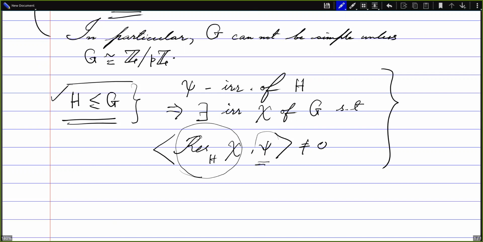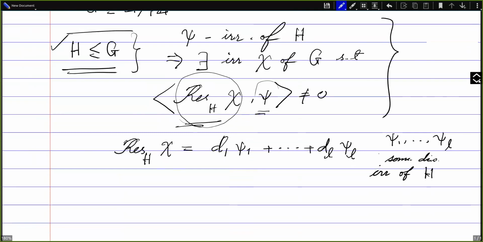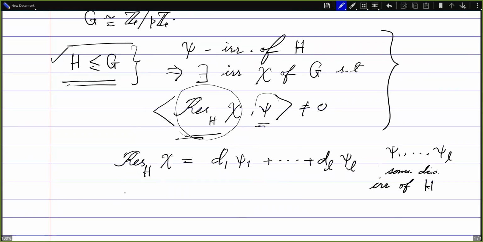Once that is there, it is very easy to see using Clifford's theorem that the restriction of chi to H can be written in the following form: d1 psi 1 plus up to dl psi l, where psi 1 up to psi l are distinct irreducible characters of H, but I don't claim they are all the irreducible characters of H. If this is so, then once we evaluate both sides at the identity, we get that the dimension of chi is d1 times the dimension of psi 1, plus d2 times the dimension of psi 2, up to dl times the dimension of psi l.